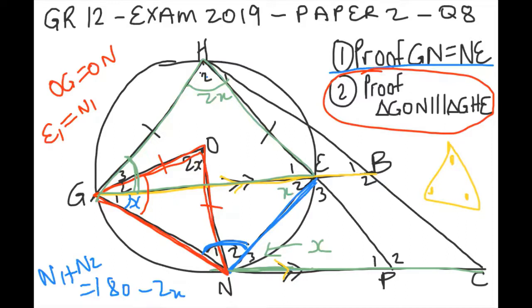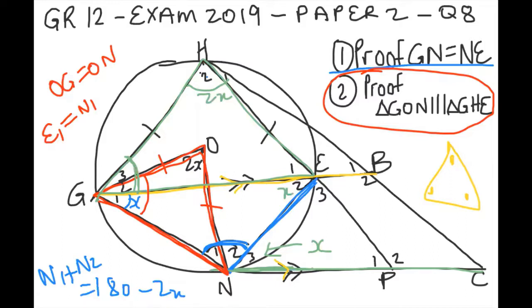Just make sure you can see that. We have two angles that are the same: the 2x, and N1 and E1. And because they are the same, if you use the maths properly, the insides of the triangle, you will find that G1 plus G2 in the red triangle will equal G2 plus G3 in the green triangle.